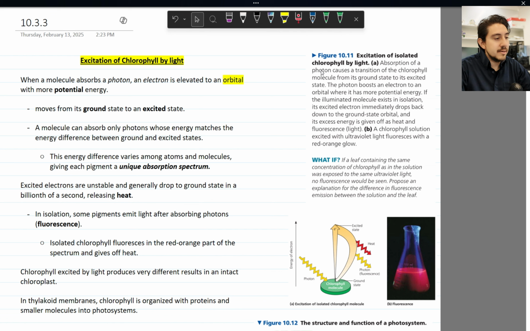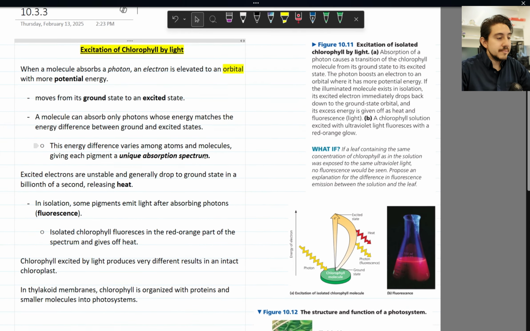Now we're continuing with the excitation of chlorophyll by light. When a molecule absorbs a photon, an electron is elevated to an orbital with more potential energy. Generally, electrons are in their usual orbital, which is their ground state, and they move from the ground state to an excited state.